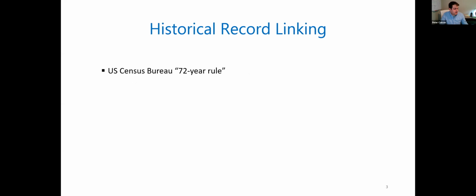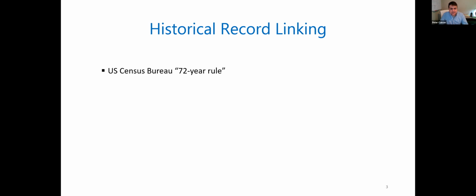So the US Census has a 72-year rule. After 72 years, the US Census Bureau will release all of its administrative records, including US censuses, that include privileged information such as people's names, their income, and so on. After 72 years, we get access to all of the full count censuses, which makes linking possible.